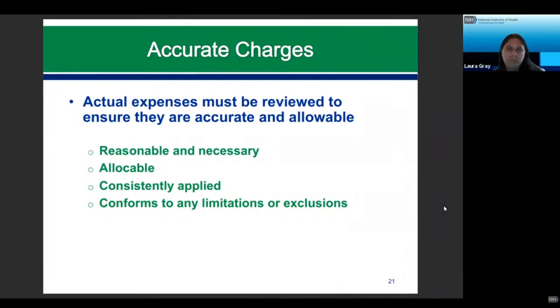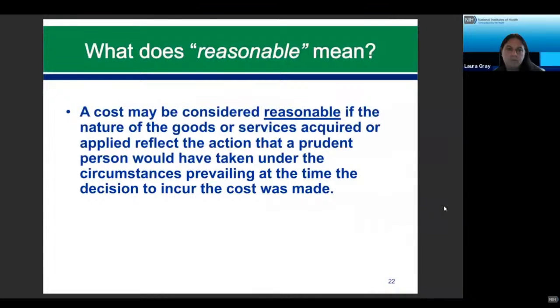So what is reasonable? Well, a cost may be reasonable if a prudent person would consider that cost reasonable based on the knowledge that they have.